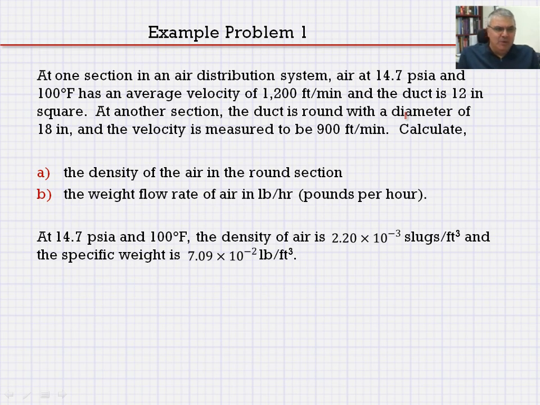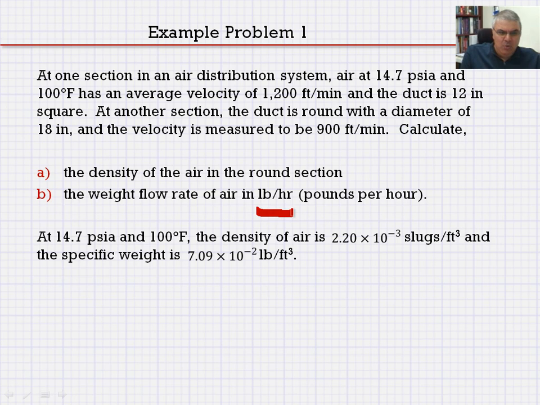Same units, but of course the cross-sectional shape is different. So in this case, we need to calculate the density of the air in the round section, and the weight flow rate of air in pounds per hour.